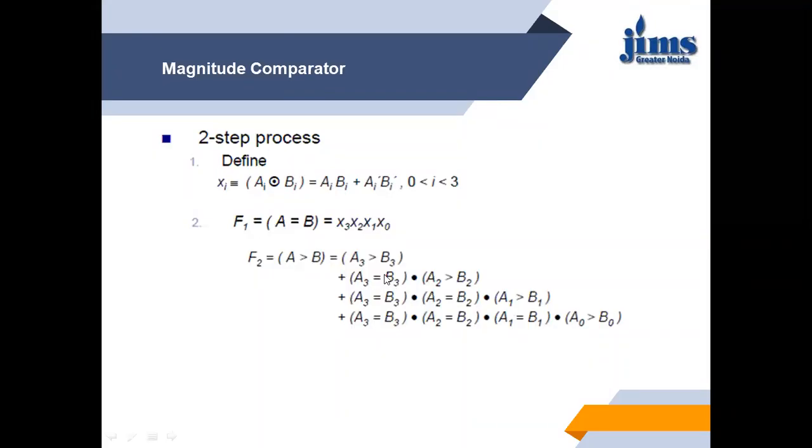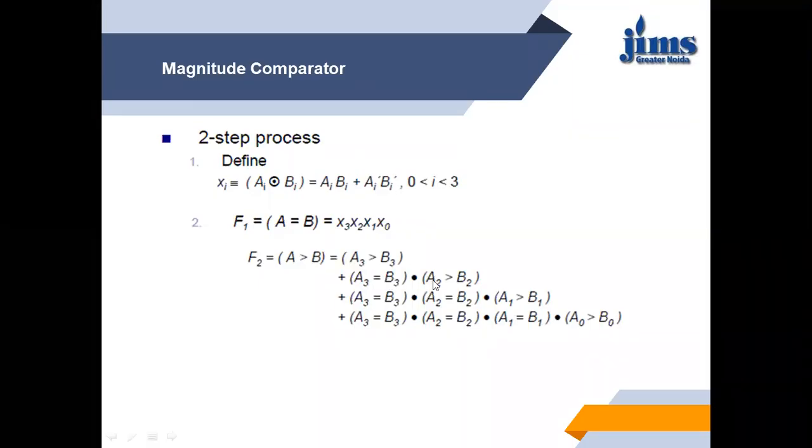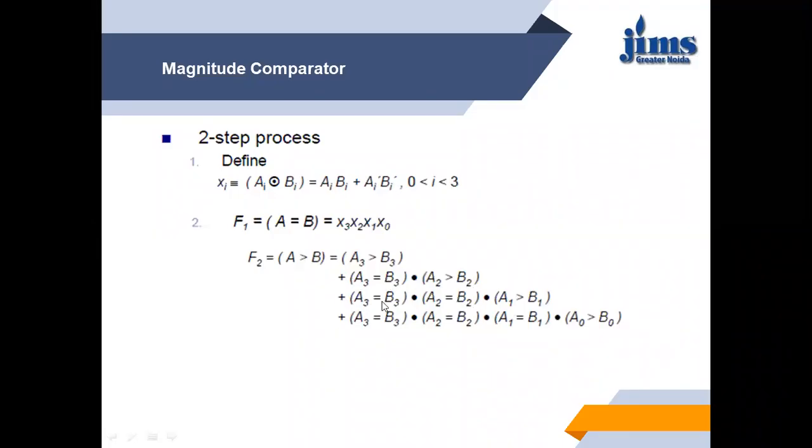If this condition is true, then A3 is equal to B3 and A2 should be greater than B2. If this condition is not satisfied, that means A3 equals B3 and A2 equals B2.